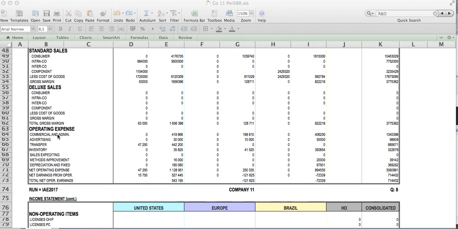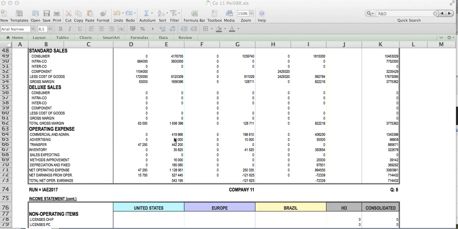Number one will be commercial and admin. Commercial and admin is straightforward: the cost of distribution, either the commission of agents or the cost of operation of your sales offices. What we see here is you only have commercial and admin cost in the second column, which is the PC column.